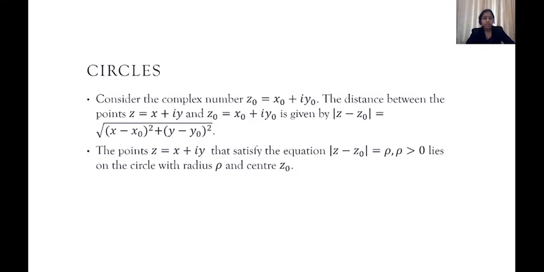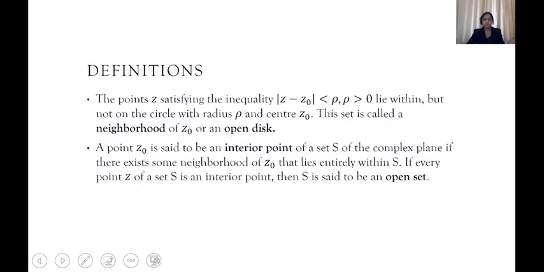Now the other new terminologies or definitions. One is about the neighborhood. We know that when mod z minus z dot is equal to rho, we get the points that lie on that particular circle.